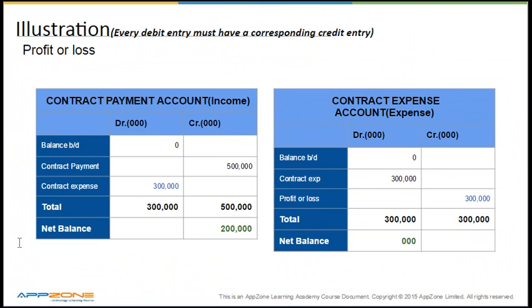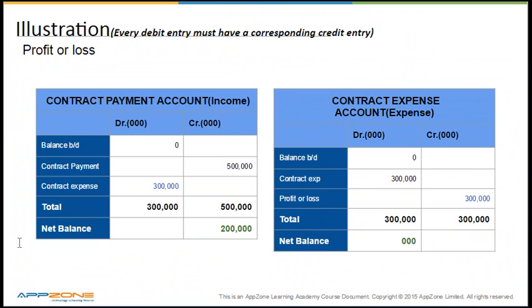We will be matching our expense against our income. Now we want to close our income, hence we'll give our expense to our income and see what is left.